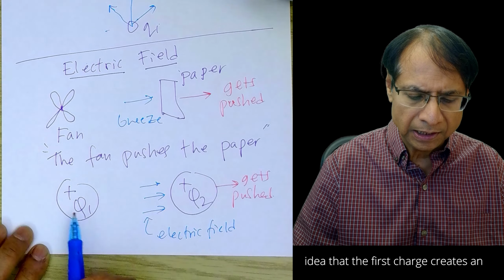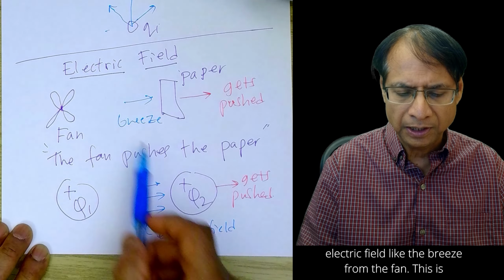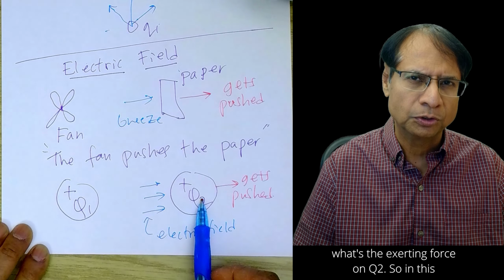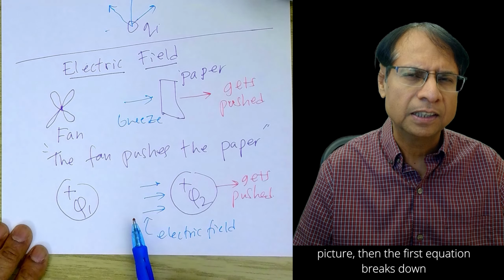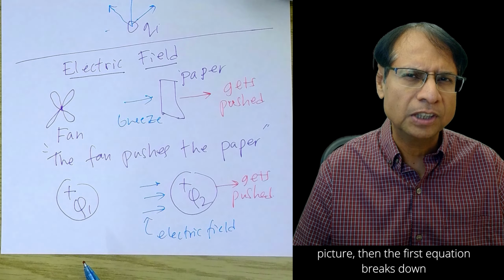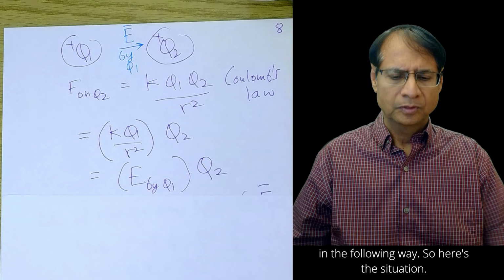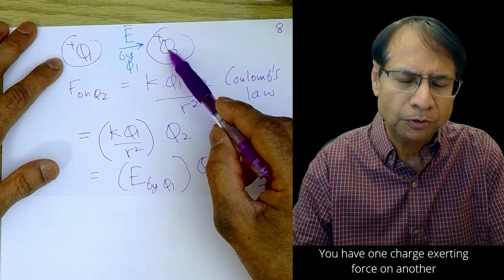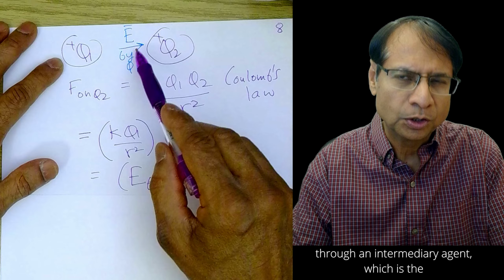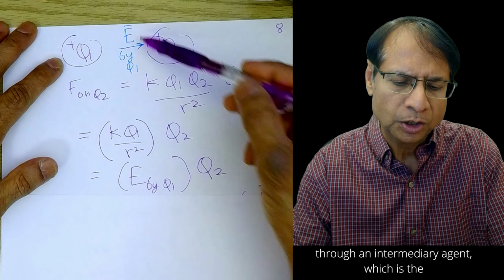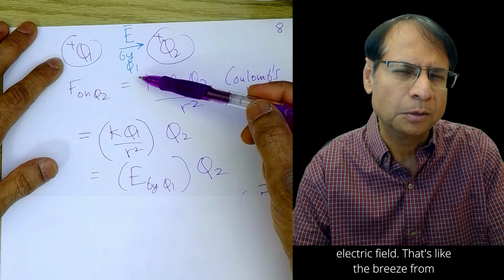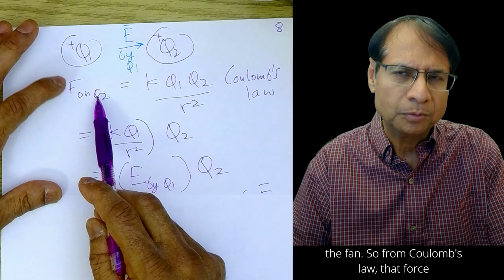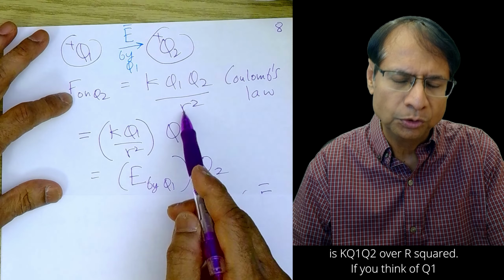So this is the idea, that the first charge creates an electric field, like the breeze from the fan. This is what's exerting a force on Q2. So in this picture then, the force equation breaks down in the following way. You have one charge exerting force on another through an intermediary agent, which is the electric field. That's like the breeze from the fan. So from Coulomb's law, that force is k Q1 Q2 over r squared.